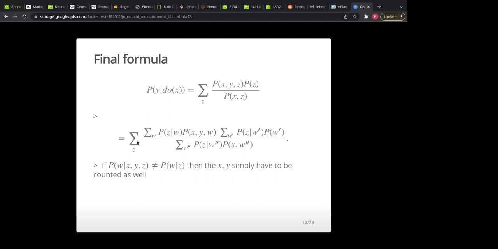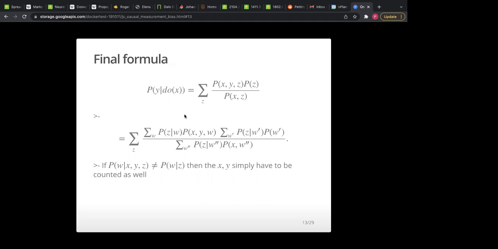You know how often W, X and Y co-appear in your data set, so you can count the probabilities, and you know all the P_Z of W from your experiments. Then you can technically calculate this, and that should recover your effect, at least unbiasedly so. The question is, how good is it? That, I think, was the next slide.